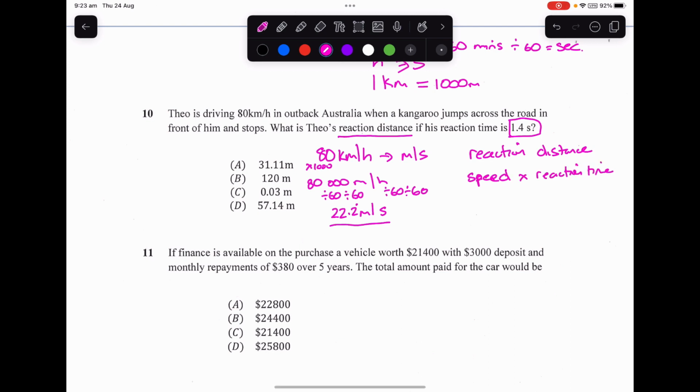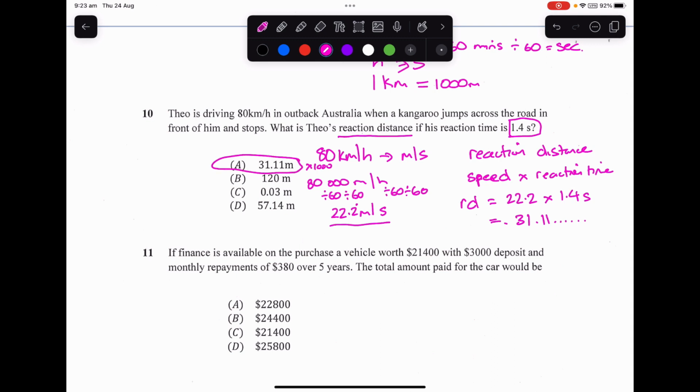Okay, so speed times time. Our reaction distance is going to be our speed, 22.2, times by our reaction time, which was 1.4 seconds. When you multiply that, you'll come out with 31.11, and there's a couple of decimals there. So you can see that is answer A.